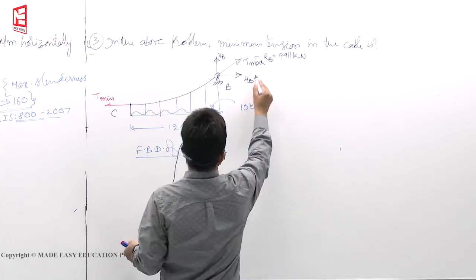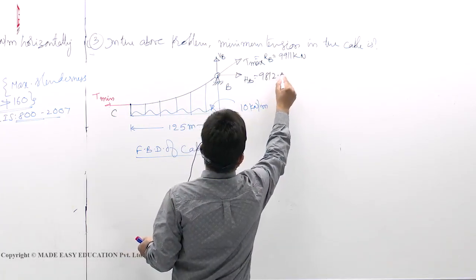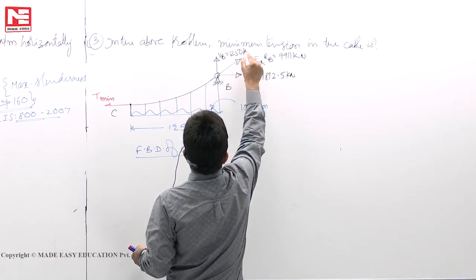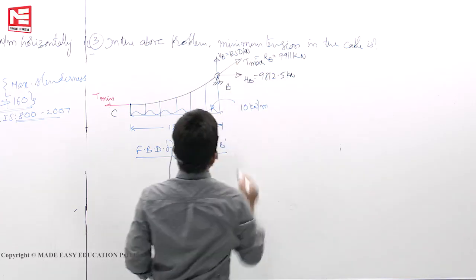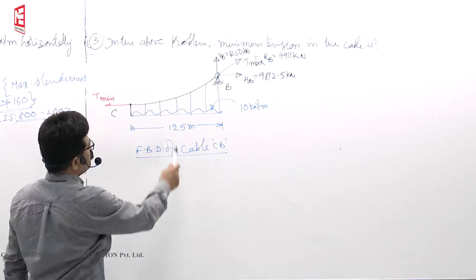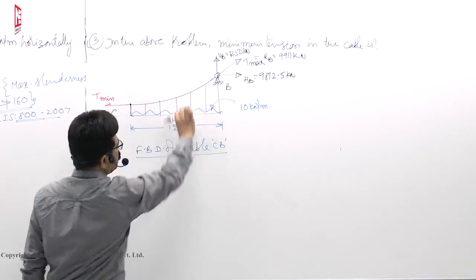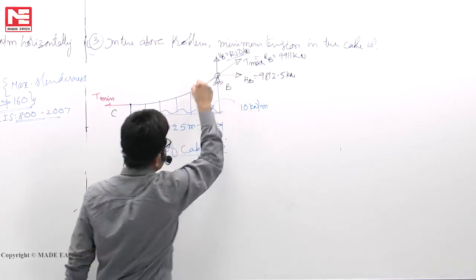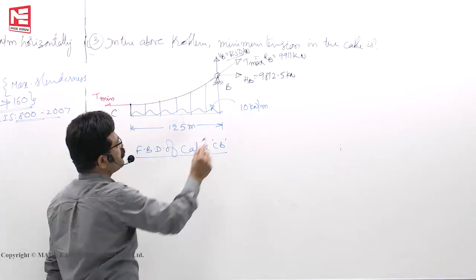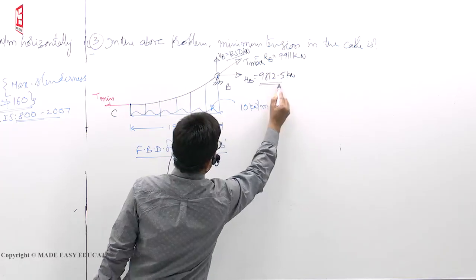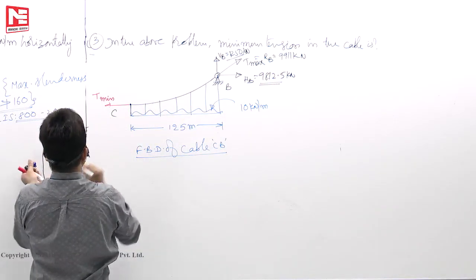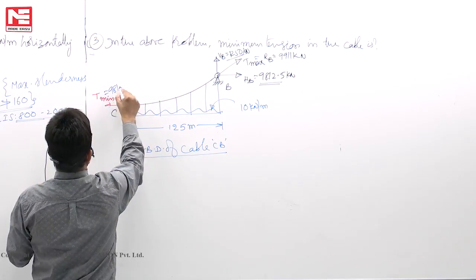This x component is 9812.5, y component is 1250. Now you see 125 into 10, 1250 down, 1250 up. So in the y direction they are in equilibrium. Horizontal 9812.5. To balance that, T minimum has to be 9812.5 only.